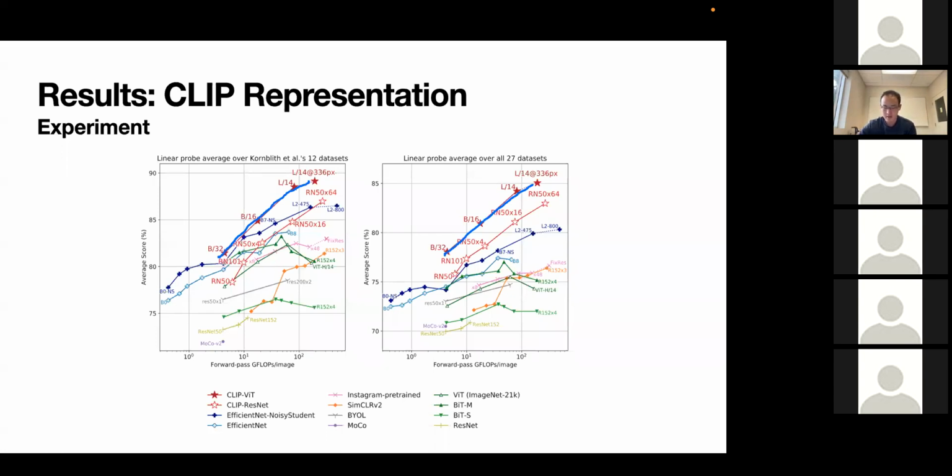Maybe you are also confused about the forward pass GFLOPs per image. You can just regard this as the size of the model. With the size of the model increasing, the average score will increase. This is how I interpret this picture.